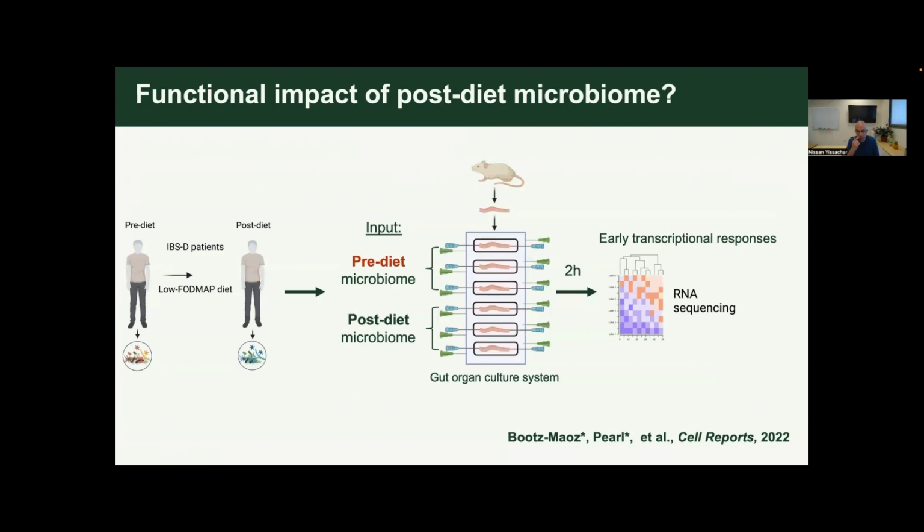To address this question, we used the gut organ culture system, and we infused into these gut fragments whole microbiome samples collected from the same patient before and after low FODMAP diet. And after a short period of culture, we dissected early intestinal transcriptional responses by RNA sequencing.